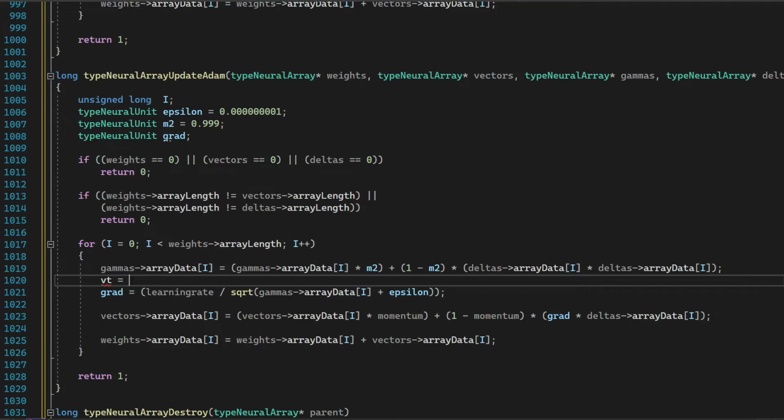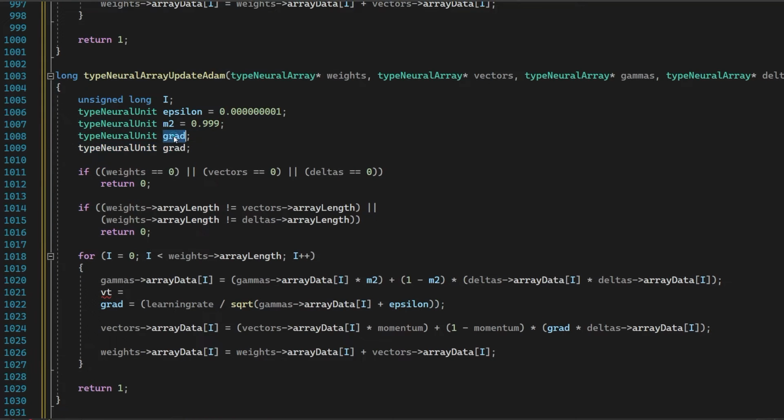Okay, v_t equals gammas. Just to put it in perspective, m_t. Okay, v_t equals gammas dot data. Okay, I have to figure out what this one means.